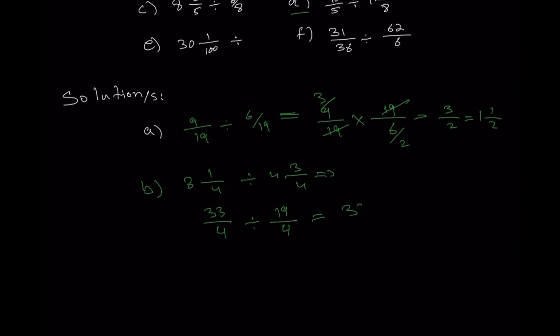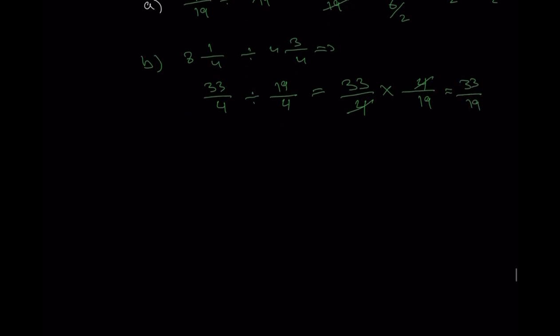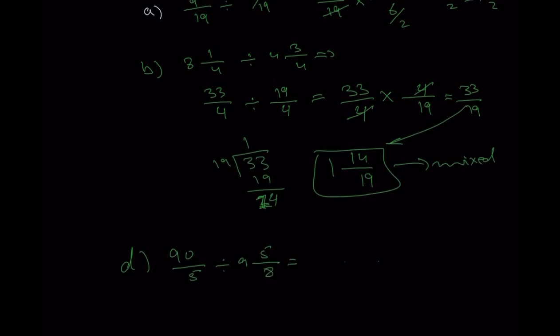We will leave it as it is, and flip the sign to multiplication, and also flip this second fraction, 4 over 19. 4 will cancel out with 4. 33 over 19 is the improper fraction, but we can write this 33 over 19 as a mixed number. Simply 33 divided by 19 will give us a 1 as a whole number, and 14 over 19.